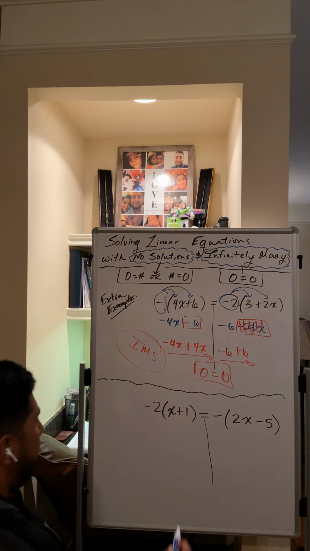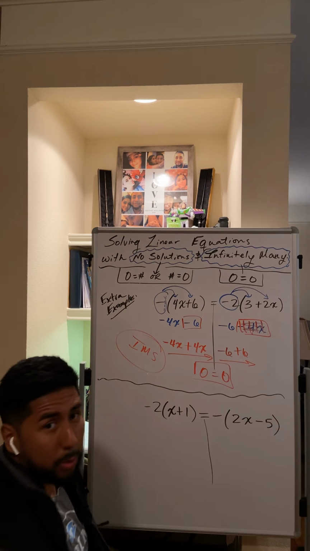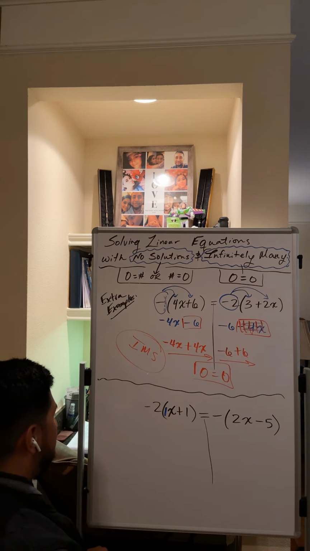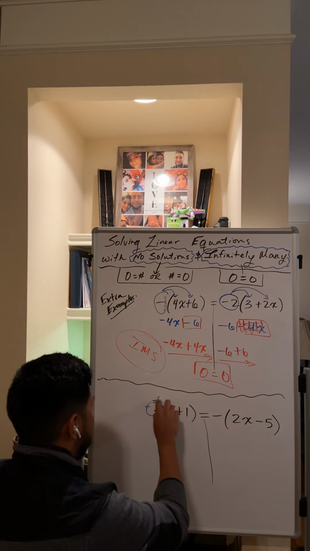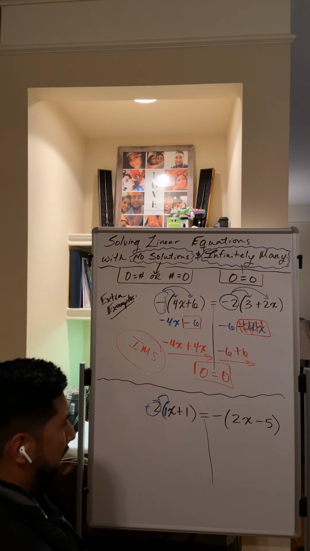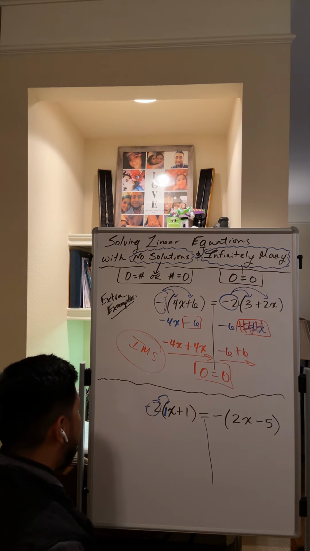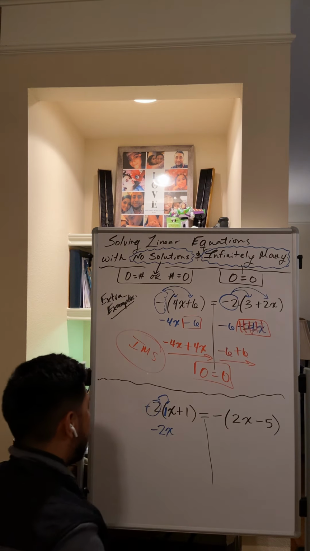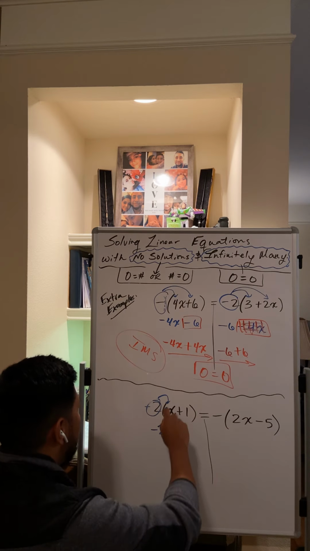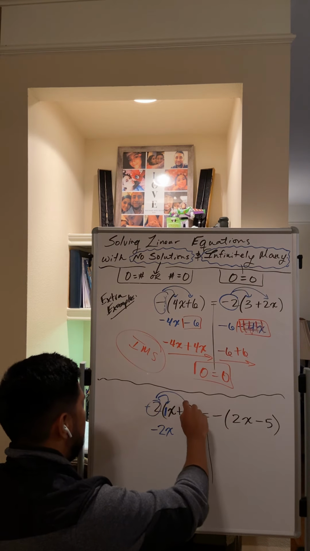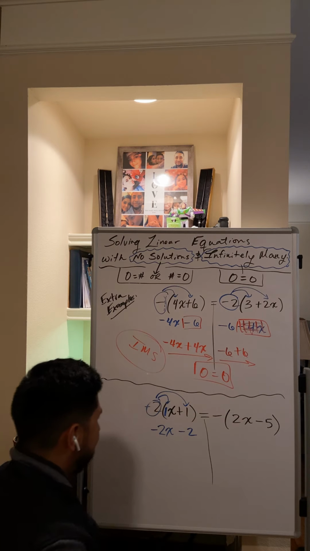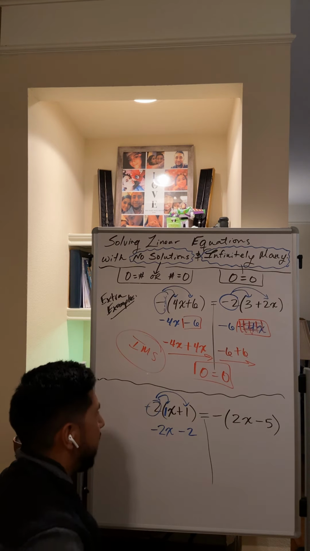Let's do this. There's an x right here. What do I put in front of it? 1. Good stuff. -2 times a 1. Calculator if you're not sure, no worries. -2 times 1 does give me -2x. Next one, -2 times another 1, -2. Do the next one.